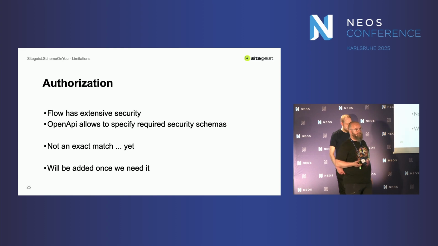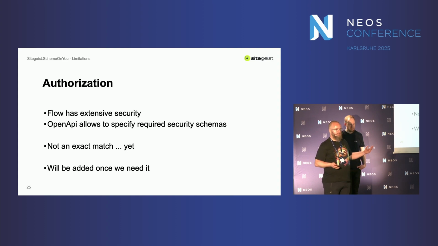Another limitation we currently have is that we did not care about authorization yet. We just use it for public APIs. But OpenAPI is totally able to describe multiple authorization schemas. There are bearer tokens, username and password, API keys.